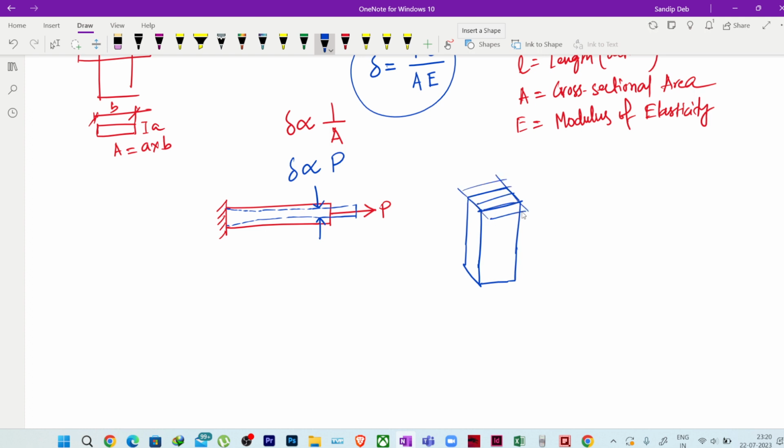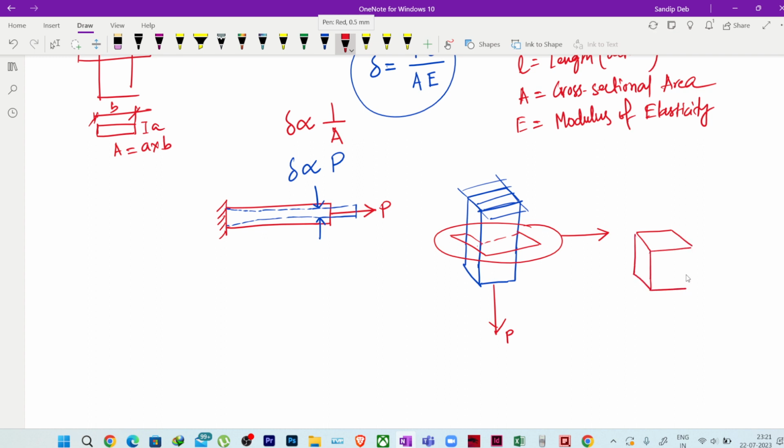This end is fixed, and I have applied some load P. Now if I make a cross-sectional plane here, if I just cut this bar here and see it, this is my section, this is the axis of the bar, and I am assuming that this load is acting exactly along the axis of the bar, as I have already said.